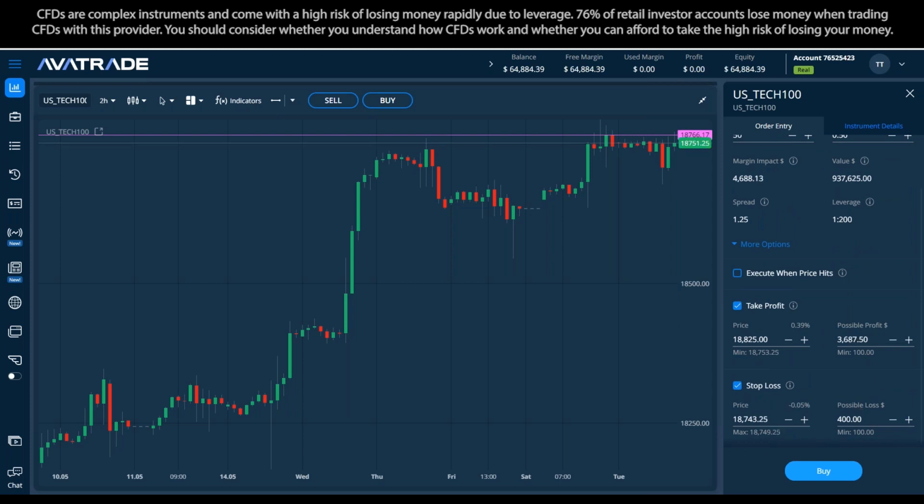Stop loss down below that pivot point. So we could go down to 18,745, something like that, even 740. And we see the potential profit with this type of setup is much larger than the risk.